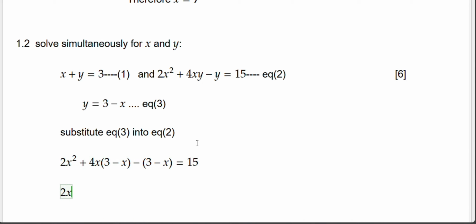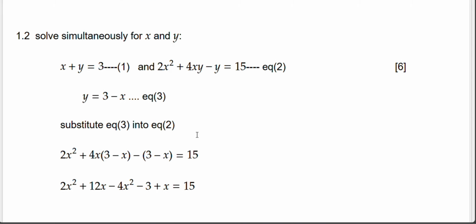It's going to be 2x to the power 2 plus 12x minus 4x squared minus 3 plus x is equal to 15. Okay, let me check. Yeah, it's correct.